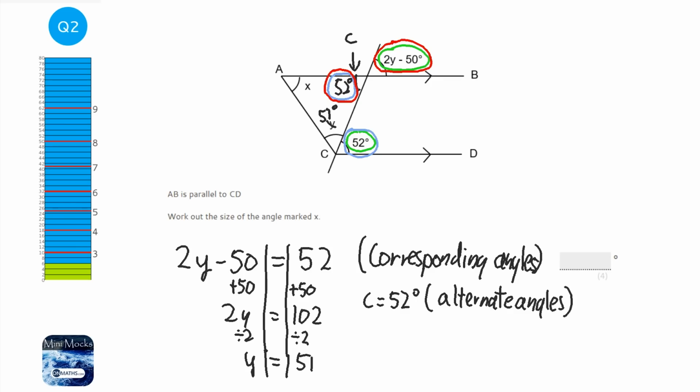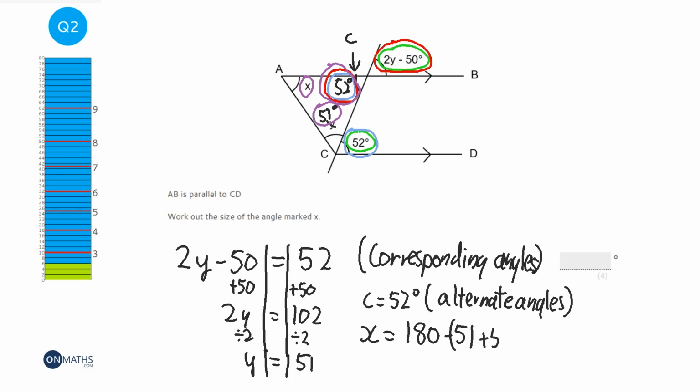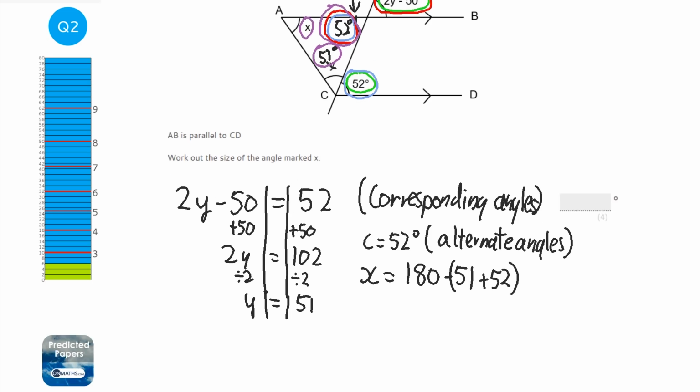Okay, so we've got three angles in a triangle. I've got way too many colours going on here. So to work out x, x equals 180 minus 51 plus 52. So work out what 51 plus 52 is, and then take away from 180.